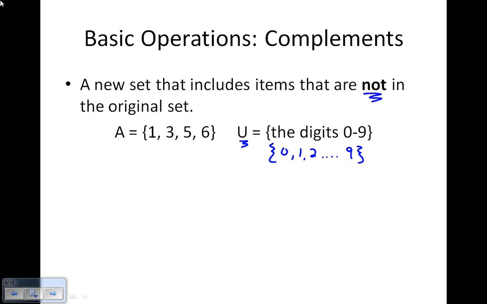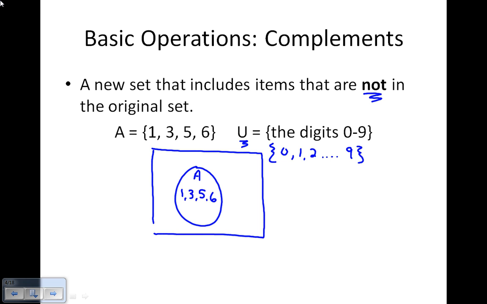And if we look at a Venn diagram of this, we have set A, which includes 1, 3, 5, and 6. And then we have the universal set outside. And the universal set includes all of these digits, as I said before. The complement means that we want the items that are not in the original set. So if we look at A, the items that are not in A are all those that are outside of it.